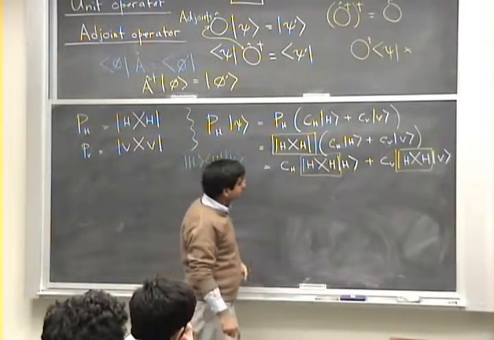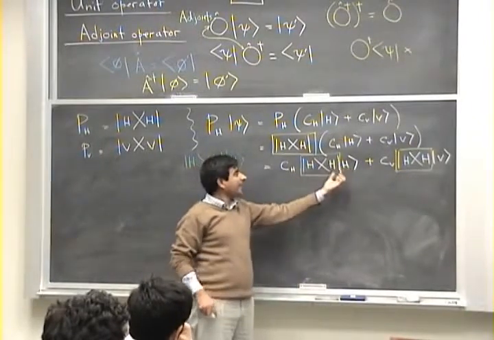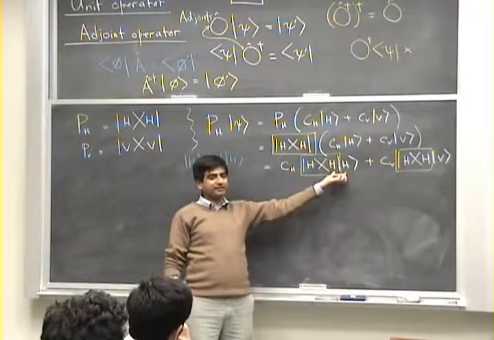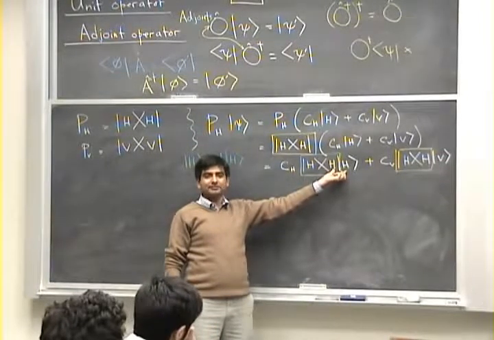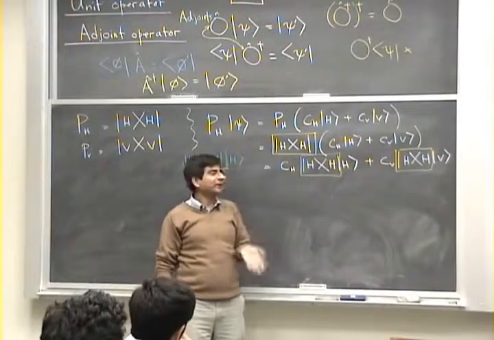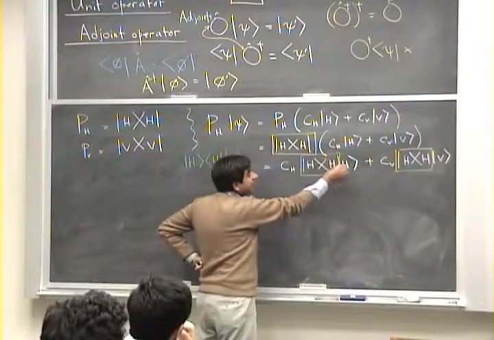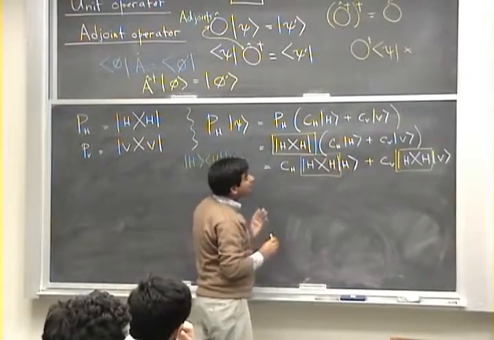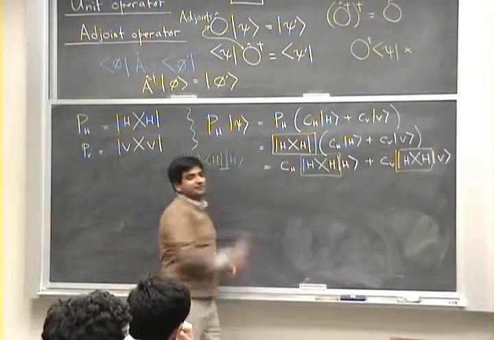Now notice, even though this was an operator acting on a state, I have created a bracket here, an inner product here. So at my own will I can choose whether I think of this as the operator acting on the state, or as this inner product being multiplied by the state.